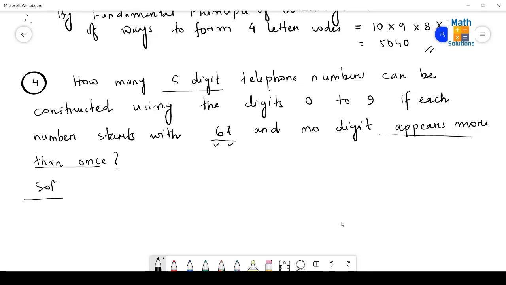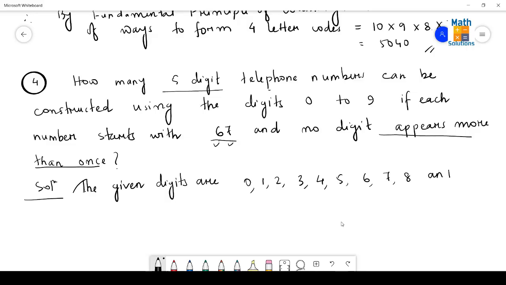So first of all, let us write down the given digits. The given digits are 0, 1, 2, 3, 4, 5, 6, 7, 8 and 9.